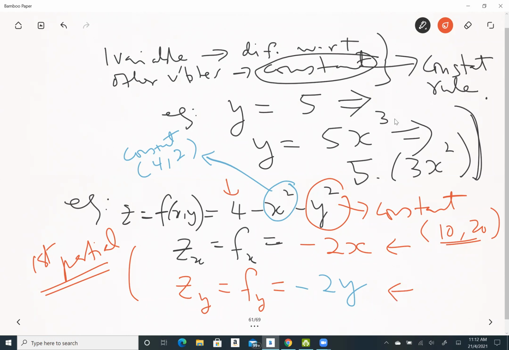So you can take the derivative of the derivative, of fx or zx, with respect to x. What do I get? I get zxx. Take the derivative with respect to y, I got zxy. Similarly for this one, I take the derivative with respect to y, I got zyy. Take derivative with respect to x, I got zyx.